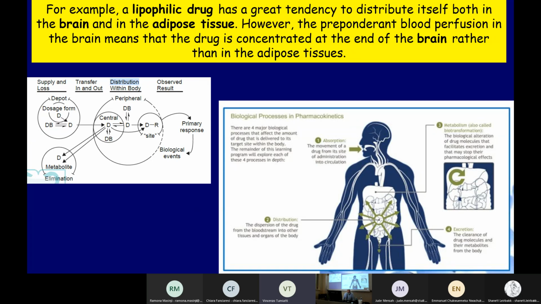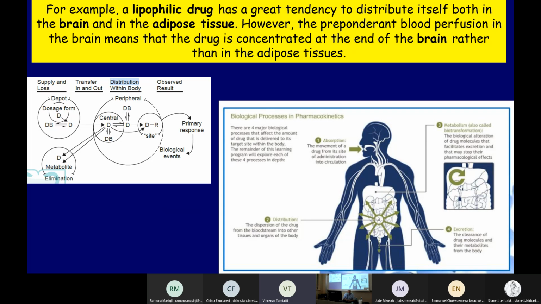If we have a lipophilic drug, this drug is able to cross the membrane, yes, and to reach and distribute itself in brain and in the adipose tissue. Because these two districts are formed by a lot of cells, astrocytes and neurons in the brain, and adipocytes in adipose.